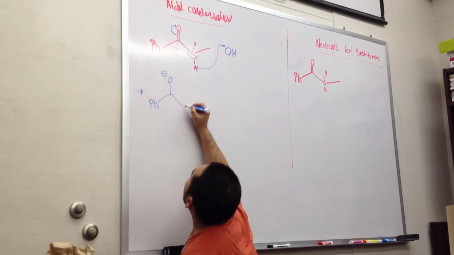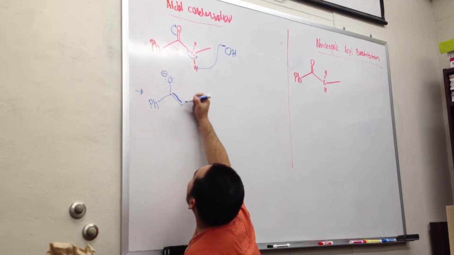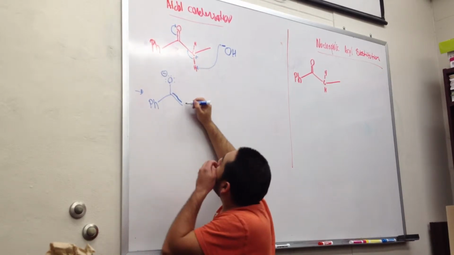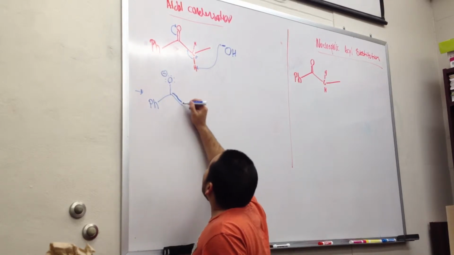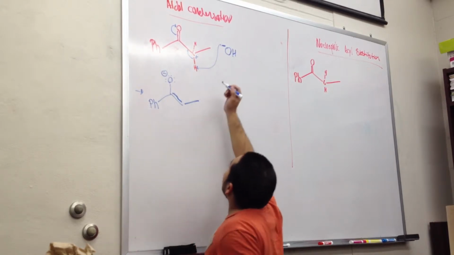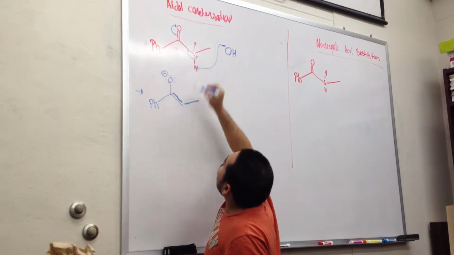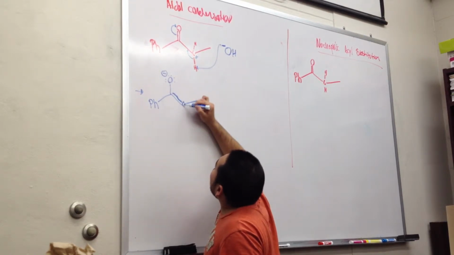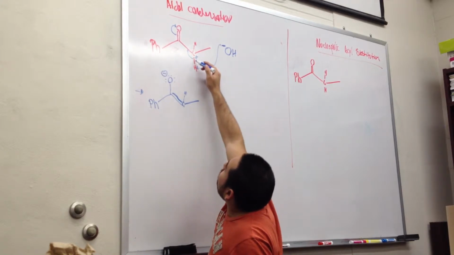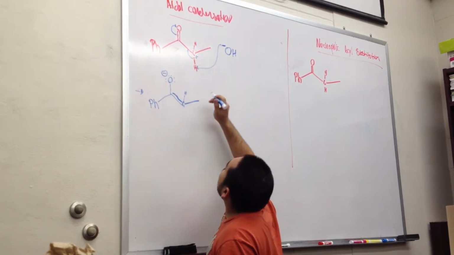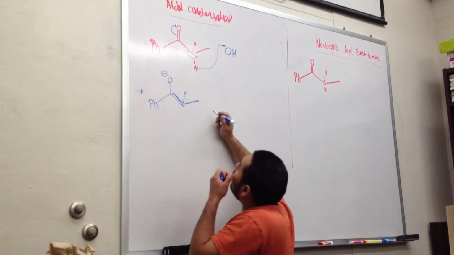I will have a double bond here from these electrons, and now I will have this extra hydrogen that was left up there. So I'm going to have my carbon here, that extra hydrogen, right? The electrons from this hydrogen went to form the double bond, and I have a methyl group there.